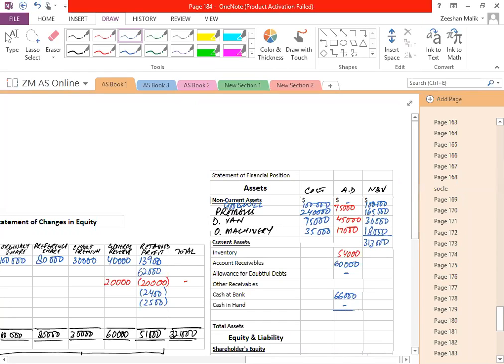Then take the sum of current assets. 54,000 plus 60 plus 66. This is 180,000. Now you are supposed to take the total assets. 180,000 plus 313,000, 493,000.